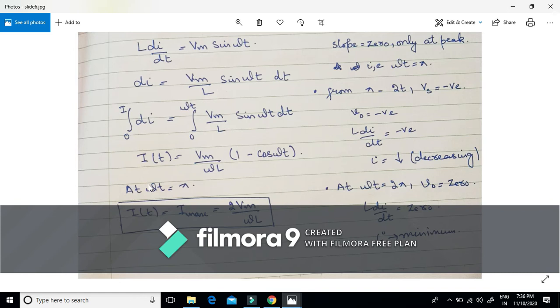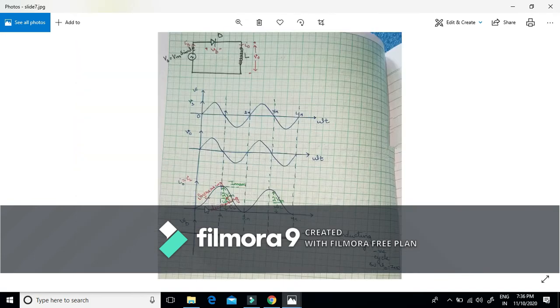The current reaches its maximum at the peak, pi, with I of t equal to twice Vm upon omega L.